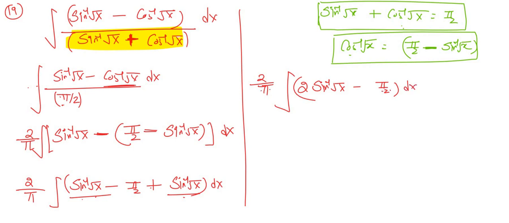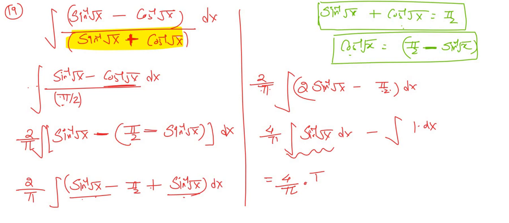If I multiply this inside, it will be 4 by pi integration of sine inverse of root x dx minus integration of 1 dx. So this will be 4 by pi. This I will solve separately. Let me call it integration minus of, integration of 1 is what? x plus c.